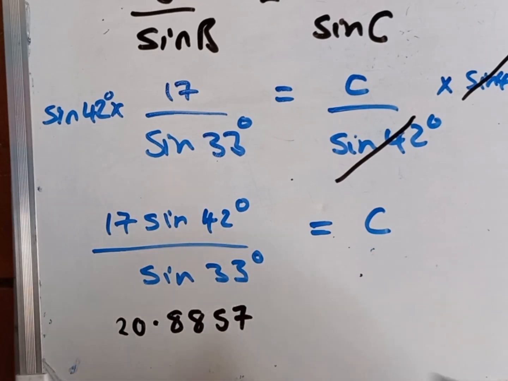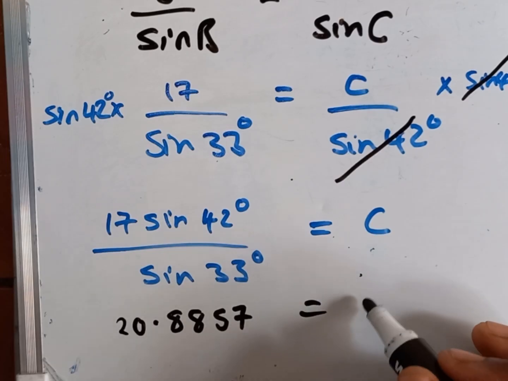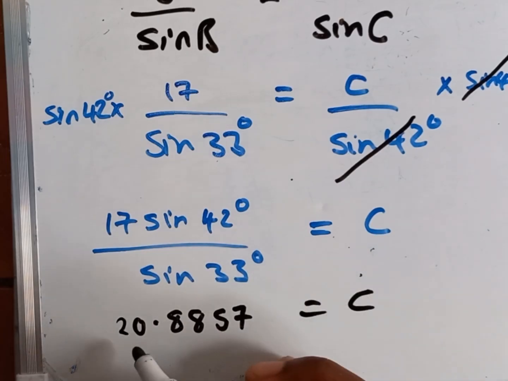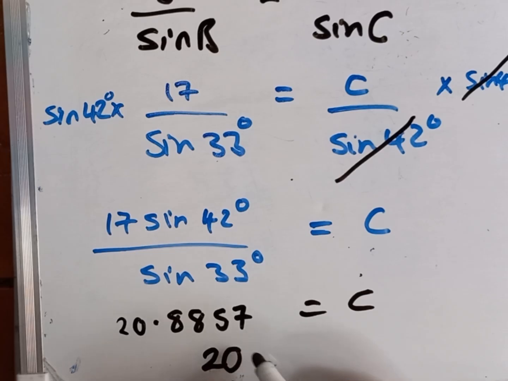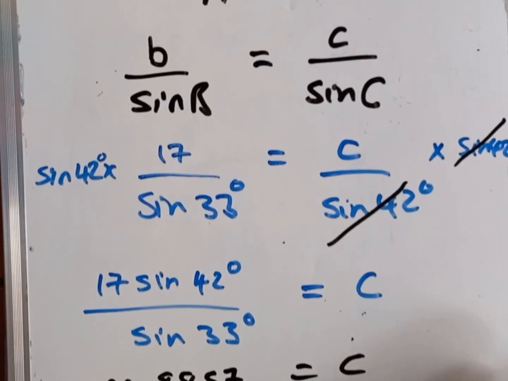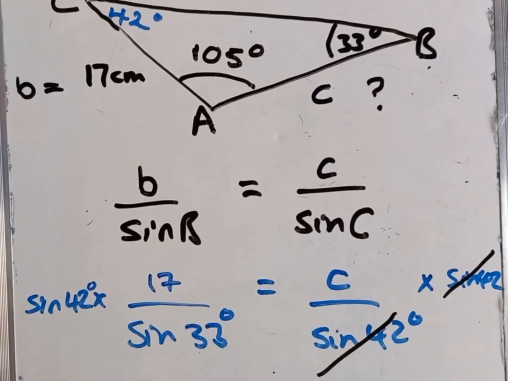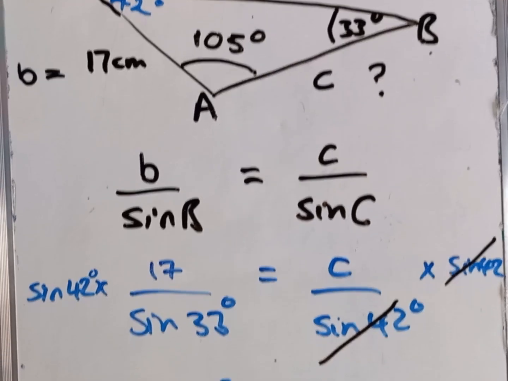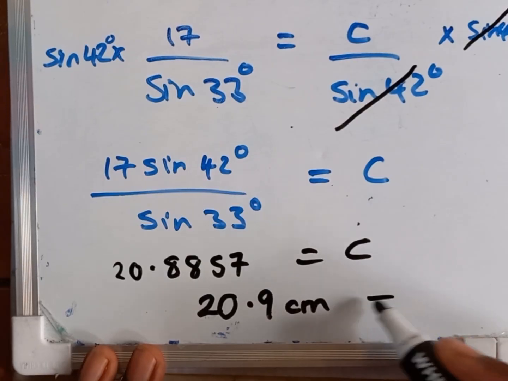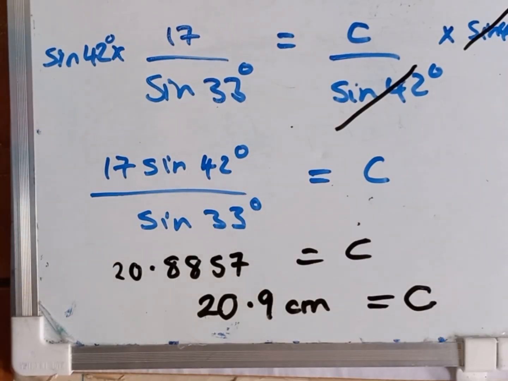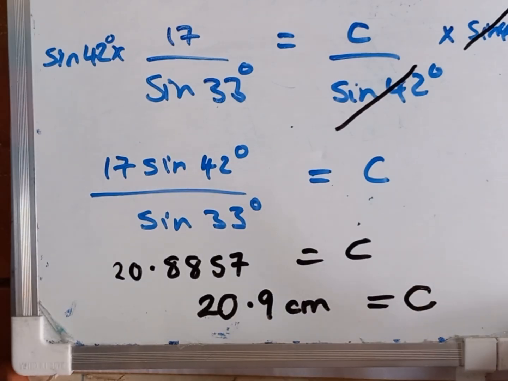I won't write the rest of the values because we want to round off. If we round off to one decimal place, we can write 20.9 centimeters. Remember, we are given our b in centimeters, which was AC. So here 20.9 centimeters is equal to c. So you have found the value of c, which is our AB.